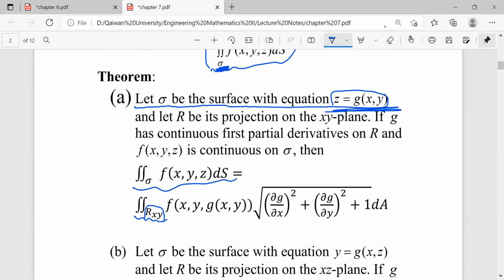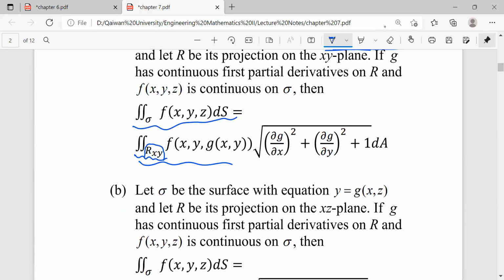That means if z equals g of xy, we use this rule for finding the surface integral as the double integral over the region R on the xy plane, where R is the projection of the surface on the xy plane.